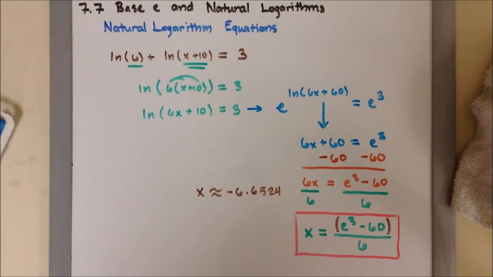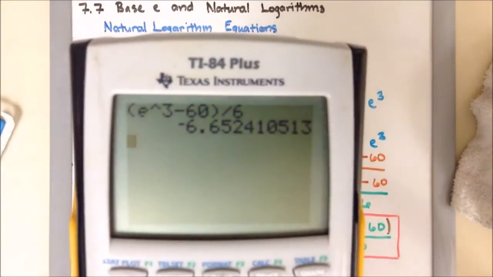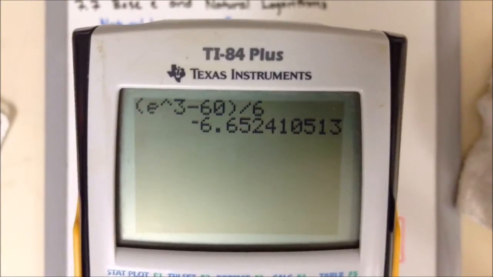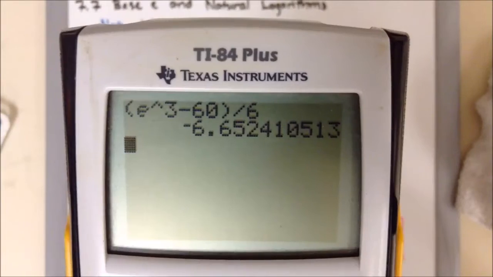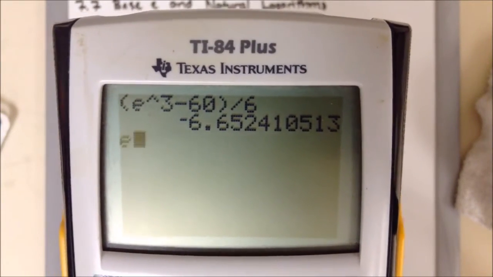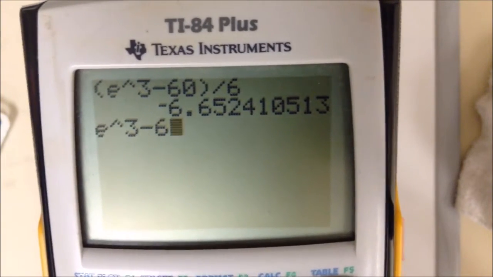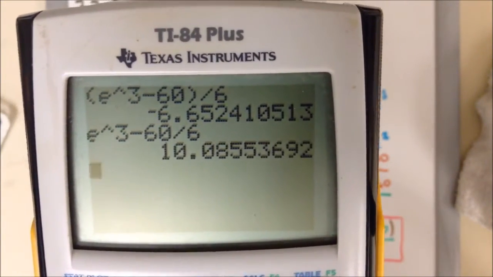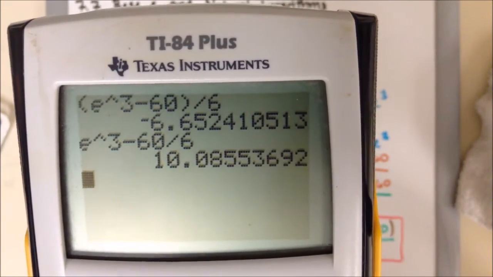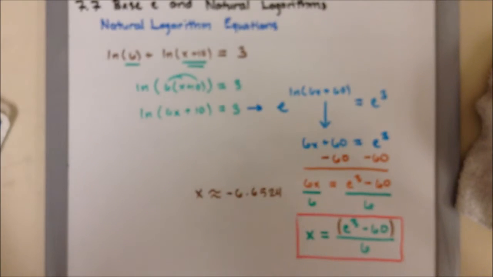Now, if you were to type without the parentheses, let's bring it back to the calculator. So, bringing in the e constant, raise it to the third power, minus 60, divided by 6, this is what I'm going to get, 10.0855. So let me write that down.